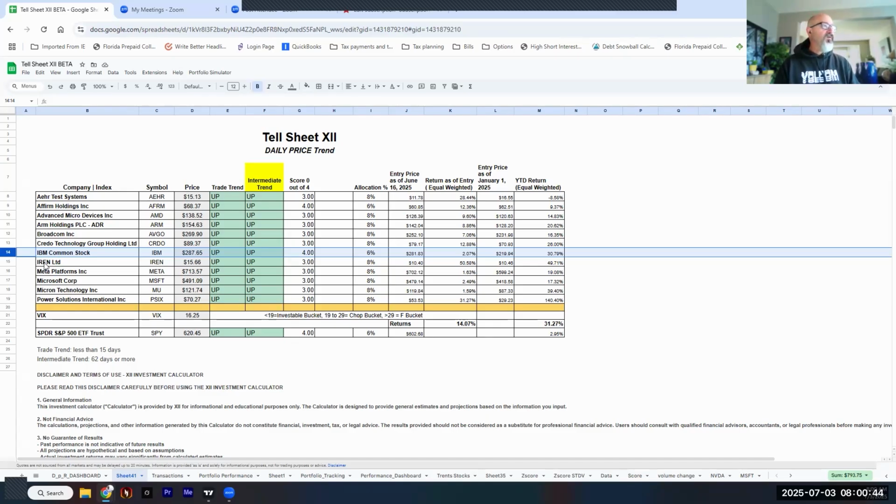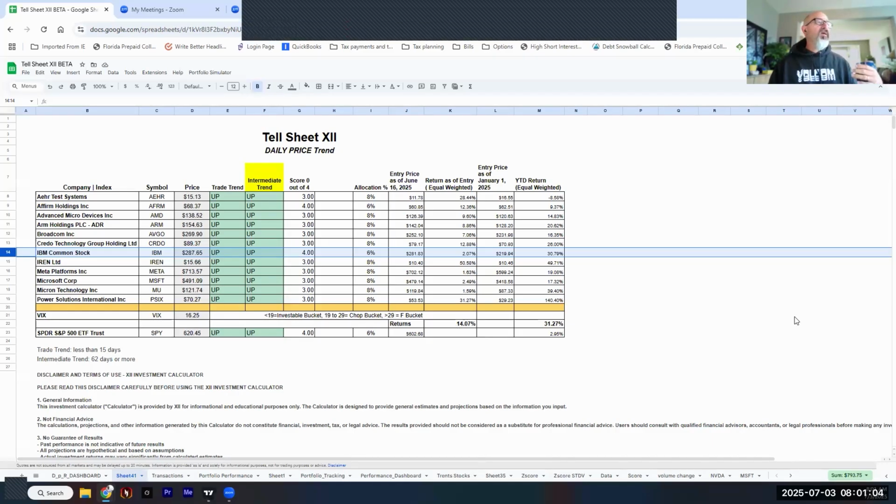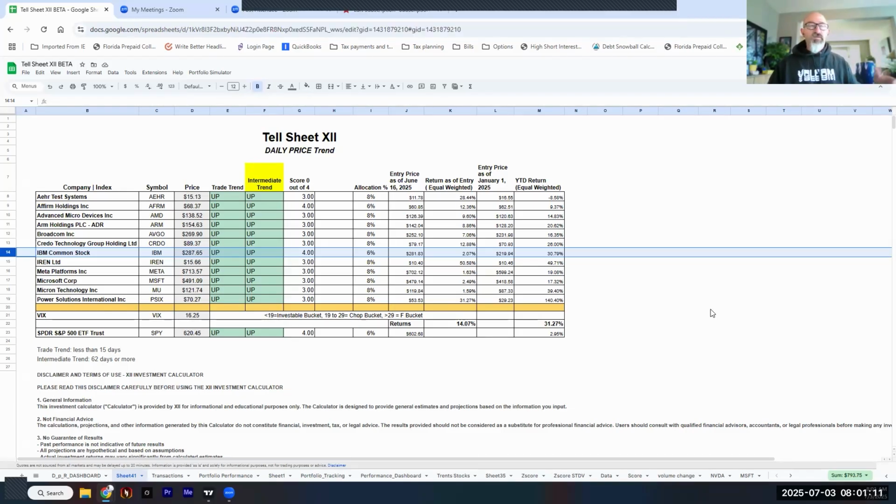So I've put together returns based on if you just equal weighted this since the beginning of the portfolio on June 16th, you'd be up 14%. I look at that and I go, that's all because of a rebound in June. I've made that statement in Kerry's call last week that June returns are based on a drawdown in April and May, and you're getting a slingshot return.